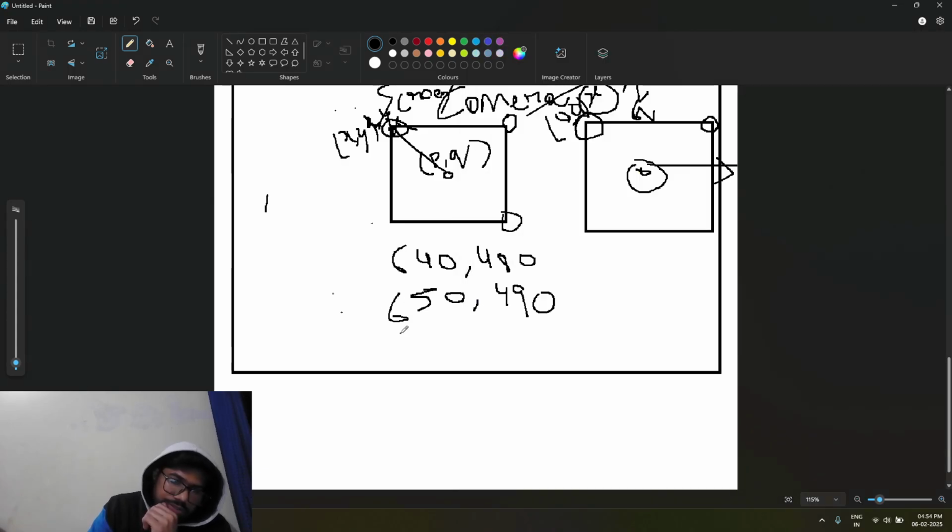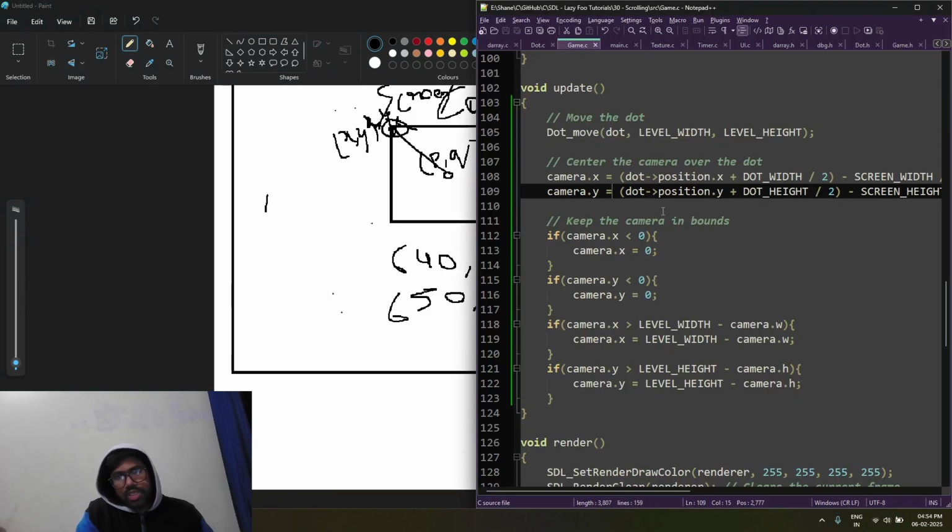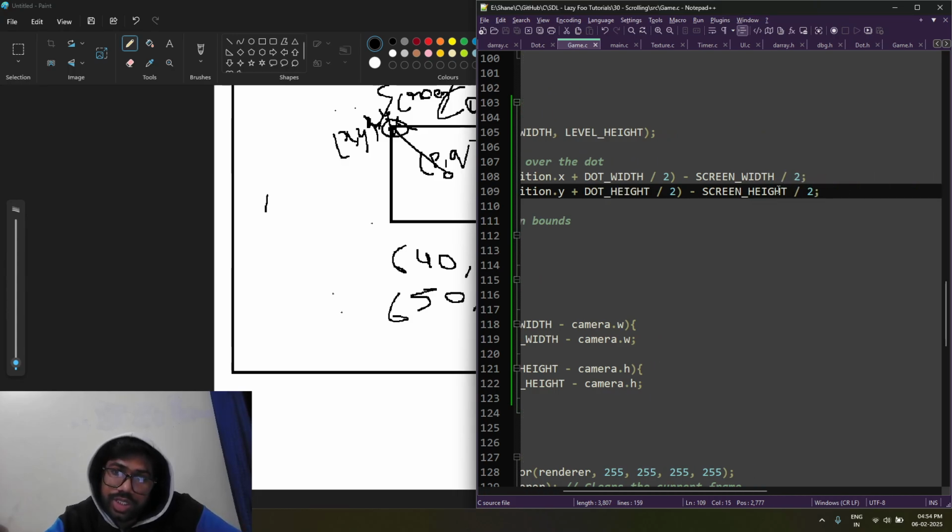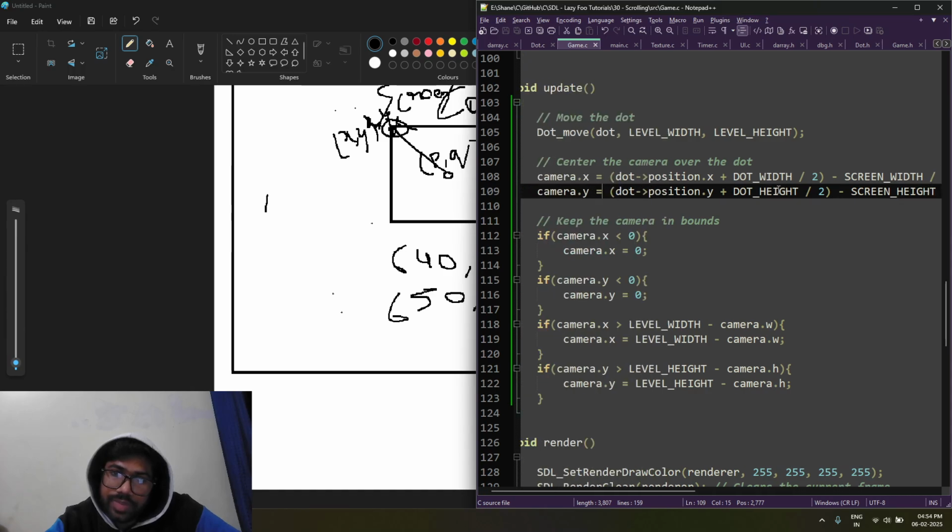So, okay, why are we adding the half of the width of the dot? Camera, center the camera over the dot.